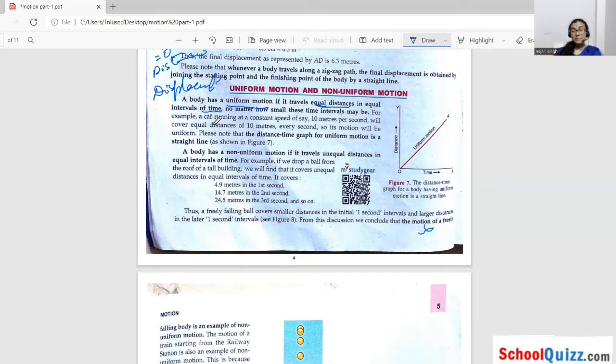Like earth revolving around the sun, the planet revolving around the sun, as well as the moon revolving around the earth. What type of motion is it? It's a uniform motion, meaning they are covering equal distance in equal interval of time. Clear?